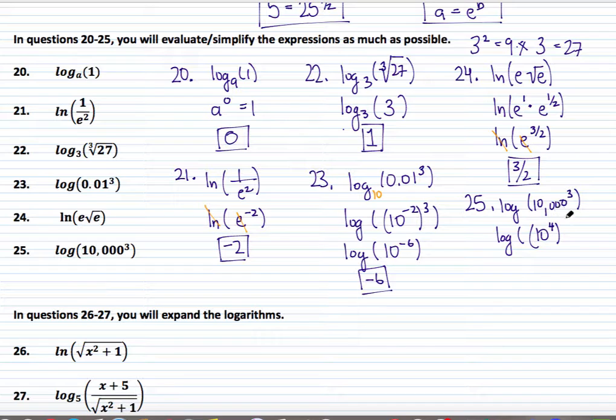And so 10 to the 4th power cubed can be rewritten just like this. Going one more step, combining these two exponents, 4 times 3 would give me log of 10 raised to the 12th power. Since there's no base written, that's log base 10. So these will cancel each other out. And that gives me a final answer of 12.